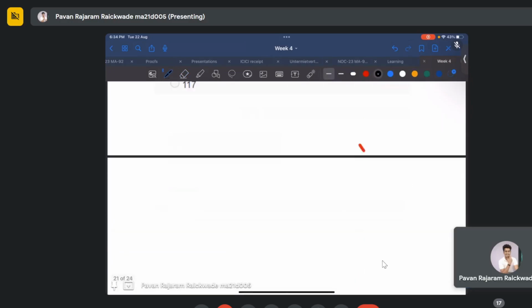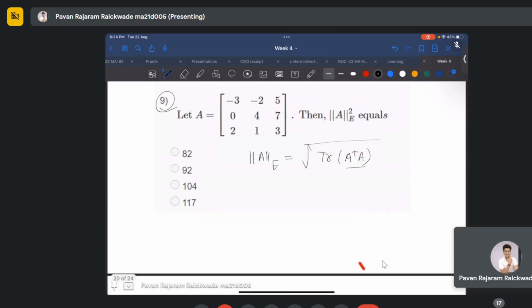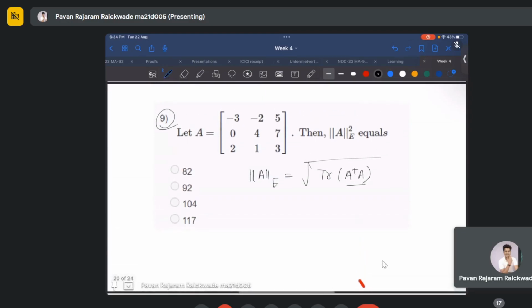Sir, I took the square of each term of the matrix and then after adding, we get 117. Is 117 the correct answer? Yes, yes. What you did is you squared each entry and then added them, right? That is exactly the diagonal elements of the matrix A transpose A. Okay.